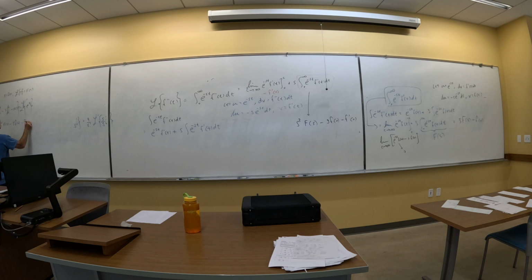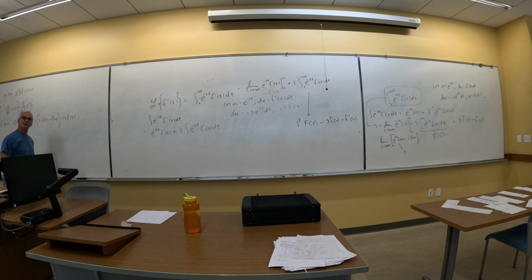Minus f prime of 0, that's that. Minus 3 times, now go to the far one, s F of s minus little f of 0. Then minus 18 times just capital F of s.